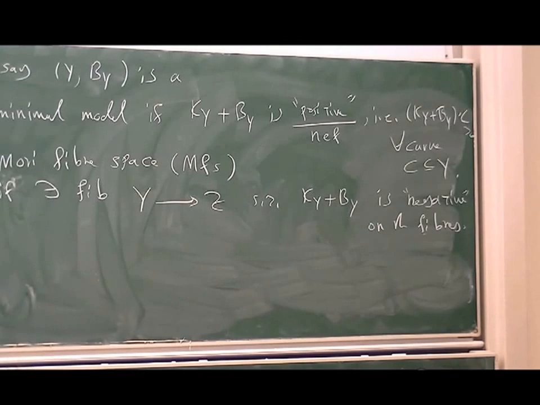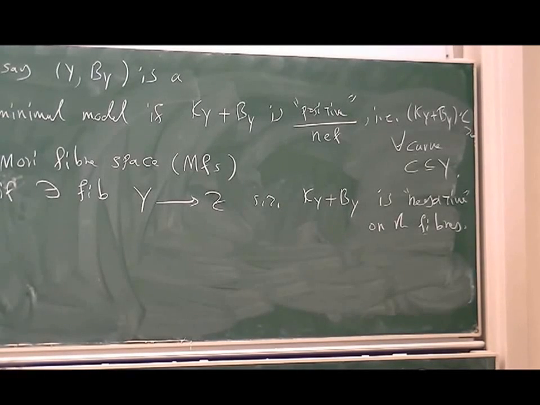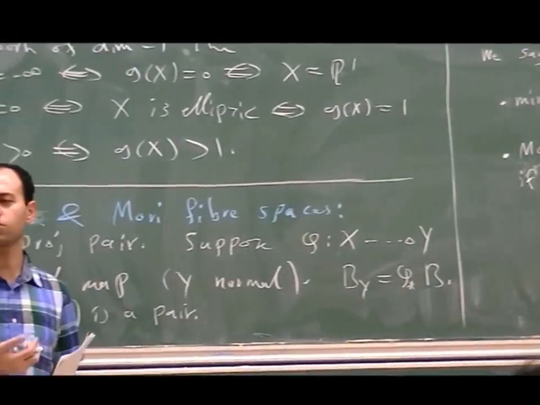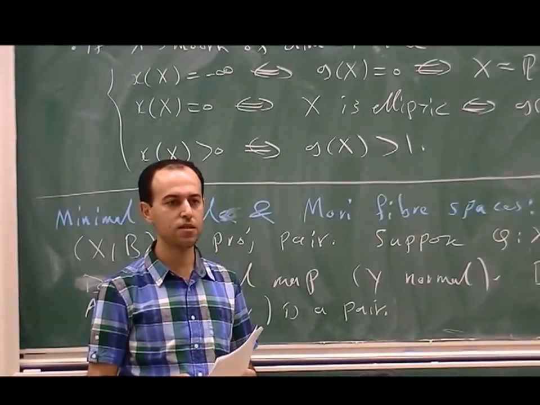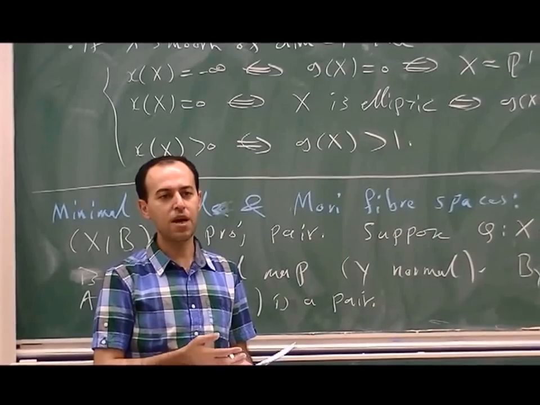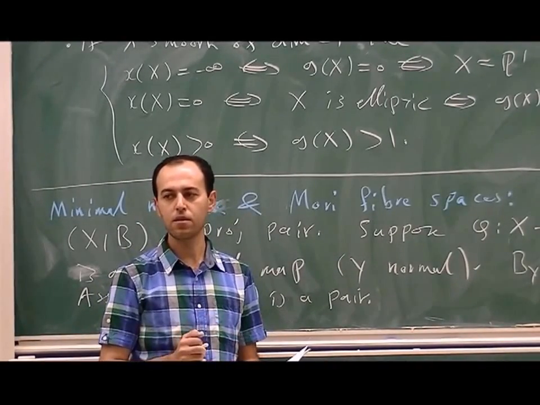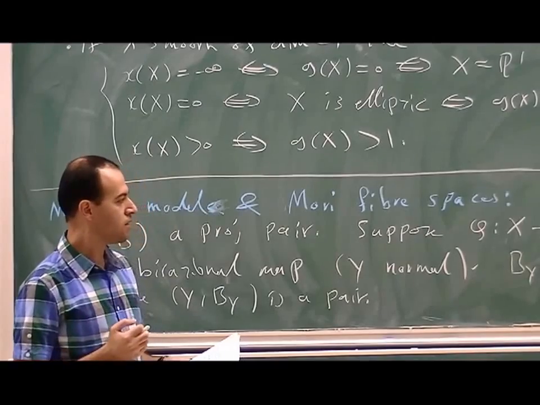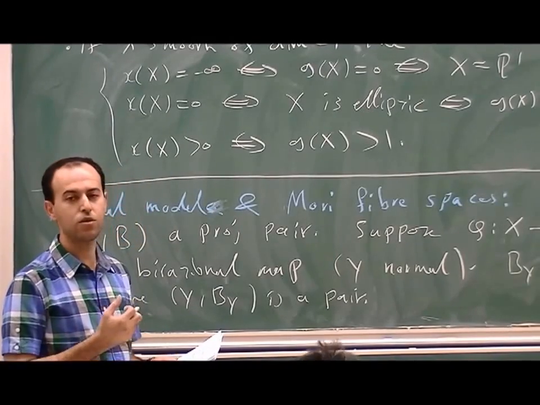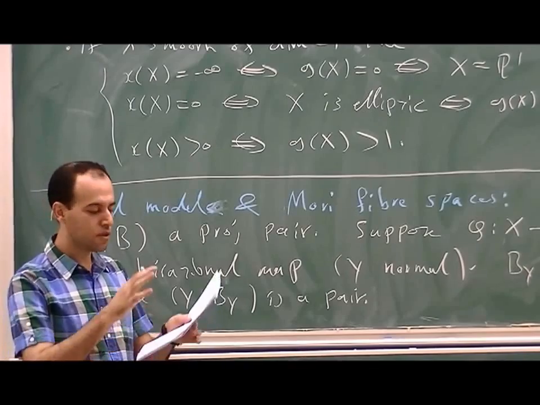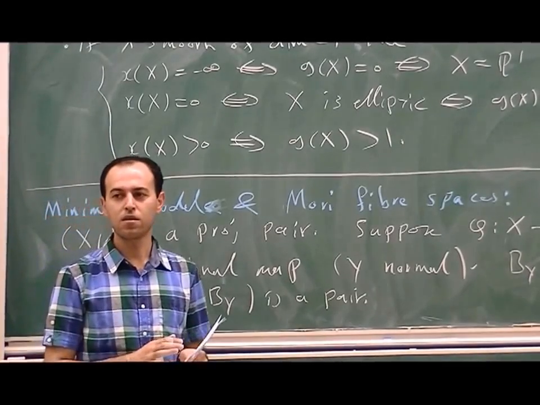Okay, so let me just explain a little bit why I define this kind of thing. If you start with a pair, or just one single variety, then algebraic geometry is about understanding the geometry of this variety or pair. But in practice, it's very hard to understand the geometry if you just stay on the same variety.